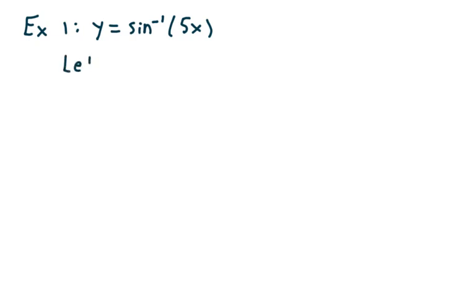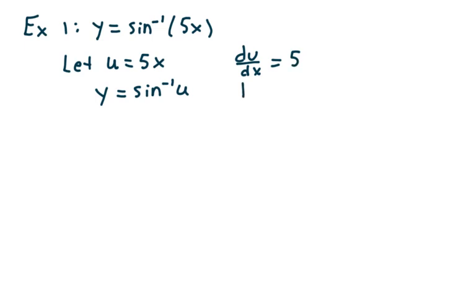And so I'm going to let u equal the inside function of 5x. So y is arc sine of u. du dx is equal to 5. dy du is 1 divided by the square root of 1 minus u squared.